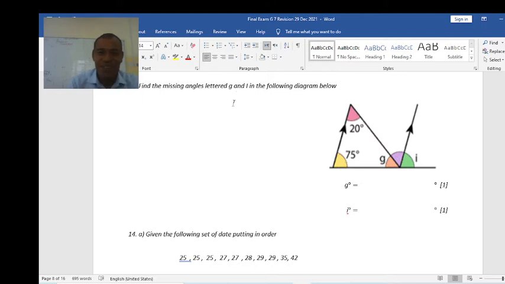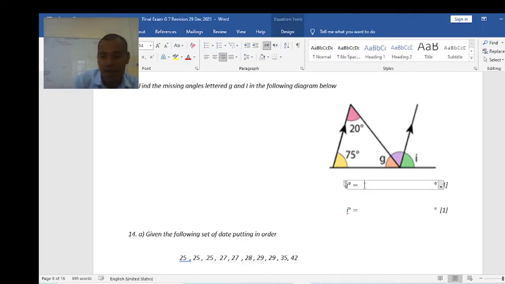Sorry, this is 75, this is 20. I will add them, I will get 195. So 180 minus 95 gives what? 85. 85 degrees, of course. The degree is written there.